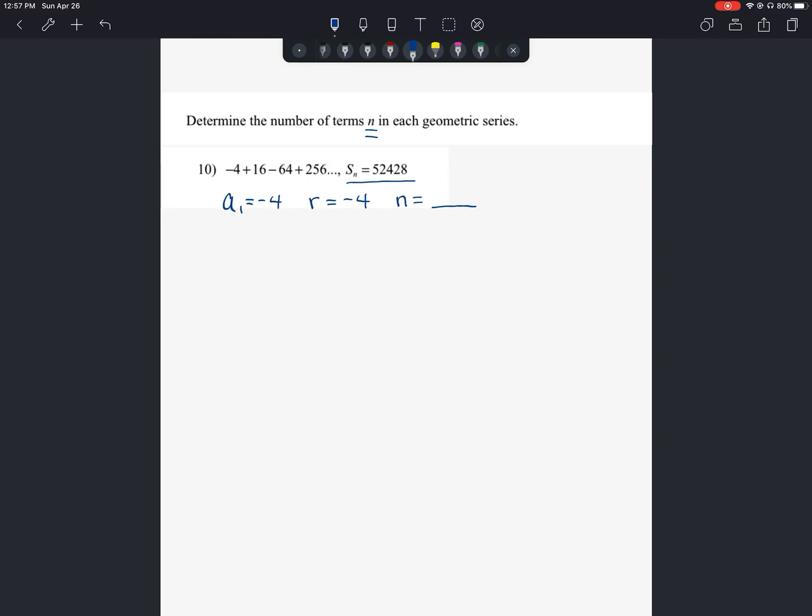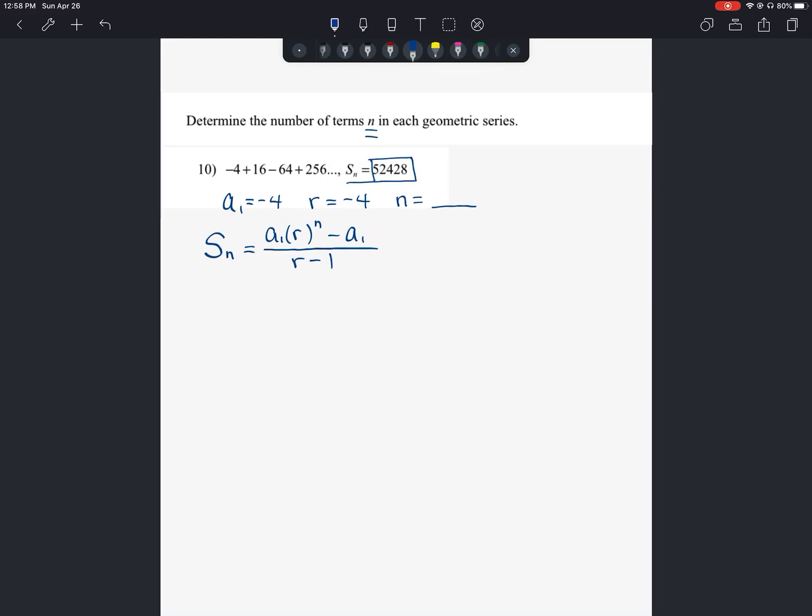So our sum equation, remember, is S sub n equals our first term times r raised to the power of n minus the first term, all divided by r minus 1. So let's substitute in the values that we know. We know that S sub n, the sum of n number of terms, should be 52,428.